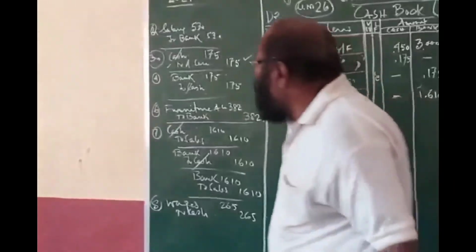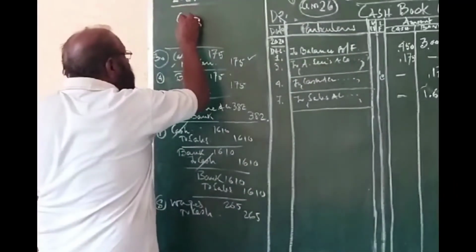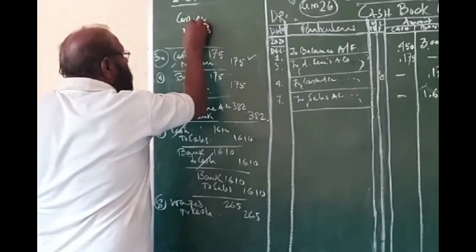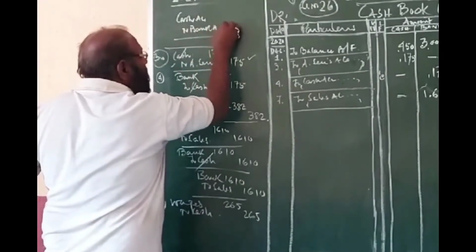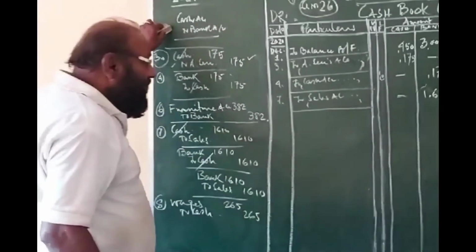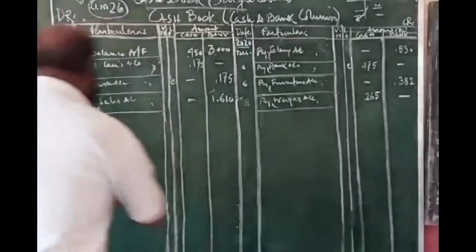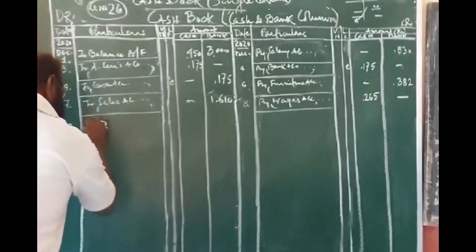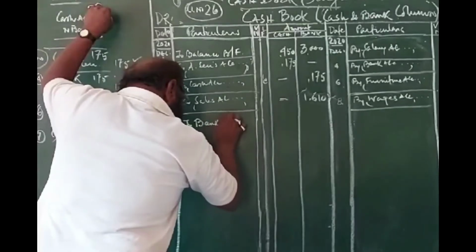So what is happening? What is the result? The result is that cash is coming in. Cash account debit. And who is the giver? Bank is the giver. So cash account debit to bank account. Okay. Now in the cash side, on which date is it paid? On 10th. So cash has been debited to bank account.